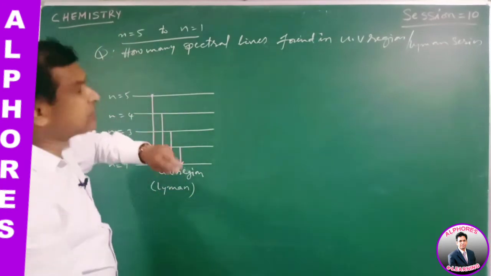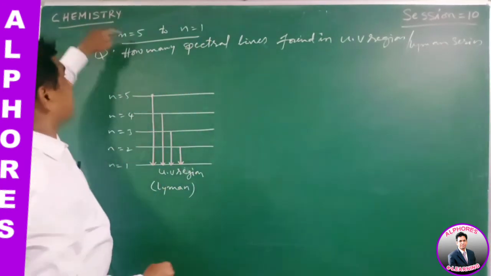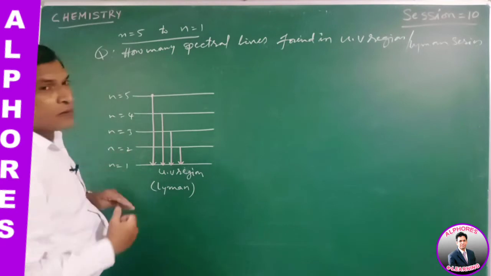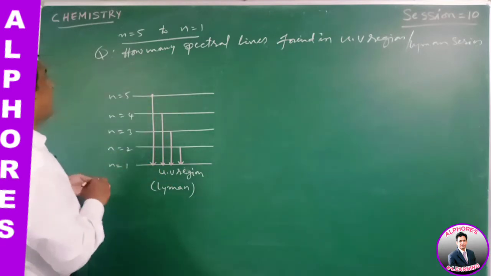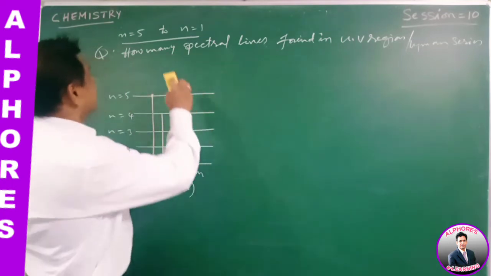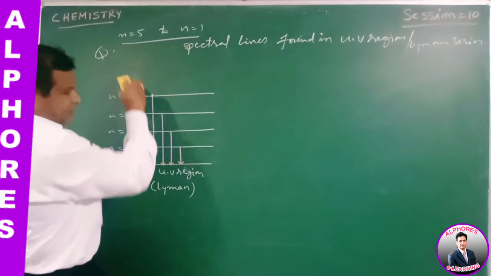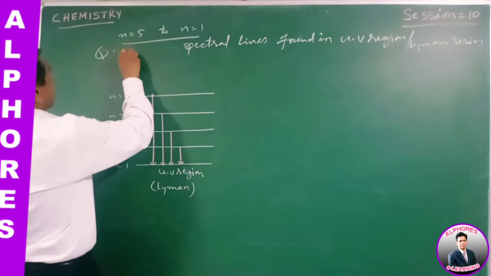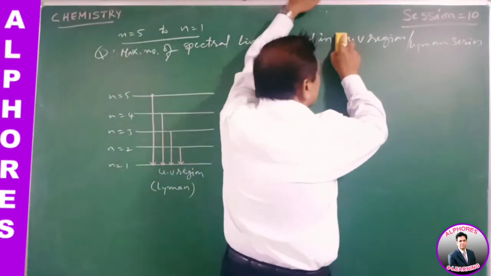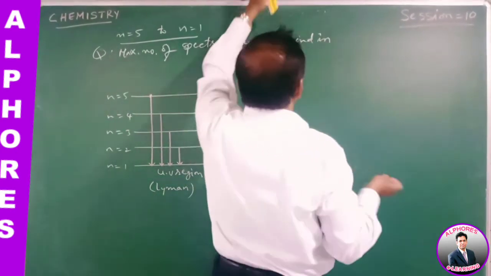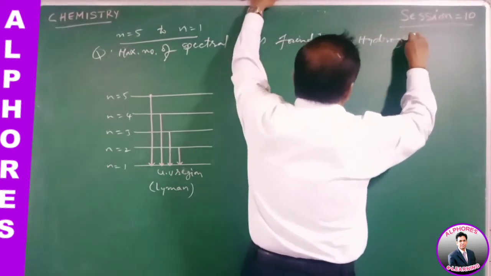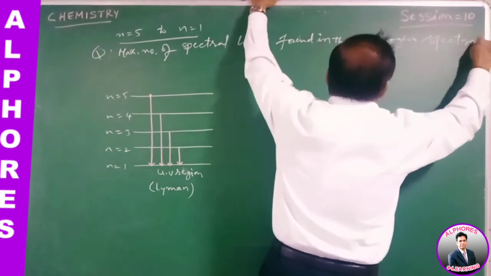When the electron is jumping from the 5th orbit to the 1st orbit, what is the maximum number of spectral lines found in the hydrogen spectra? That is the question now.